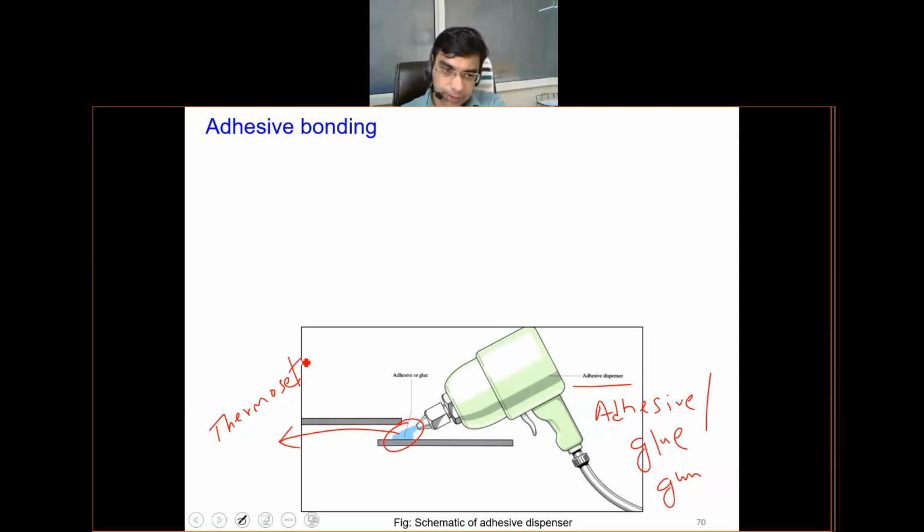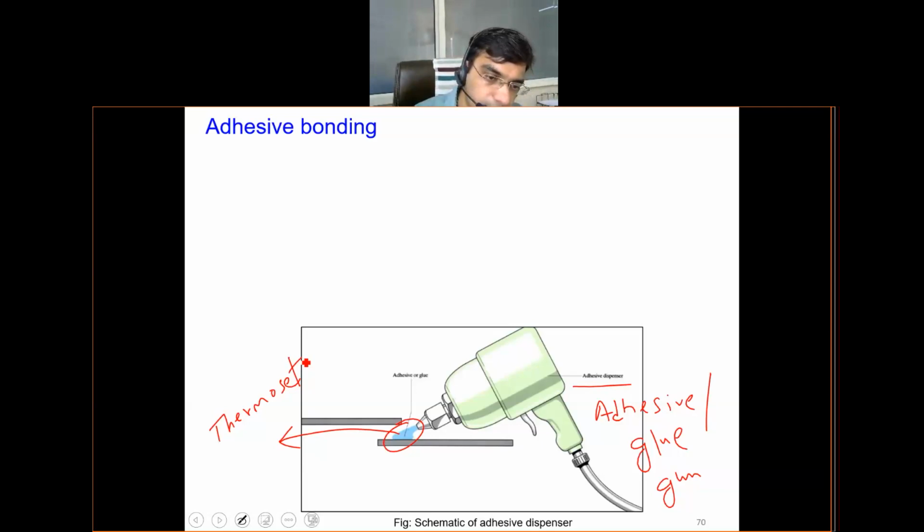We have studied the properties of thermoset in the first module, that thermosets are a kind of polymers which typically experience permanent crosslinks upon the polymerization reaction. Once the polymerization reaction takes place, permanent crosslinks are formed in this thermoset, which gives the thermoset the property to adhere very well to the adherents.